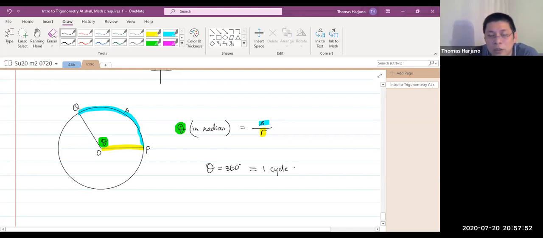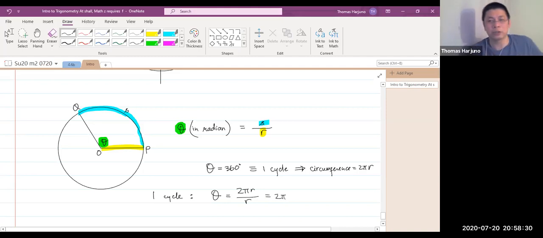Now, the circumference of one full circle is 2 pi r. So what is theta in radian? That will be the arc length 2 pi r over the radius r. So for one cycle, theta in radian will be 2 pi.